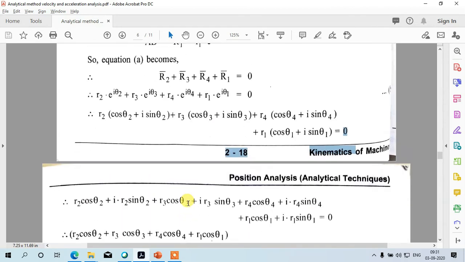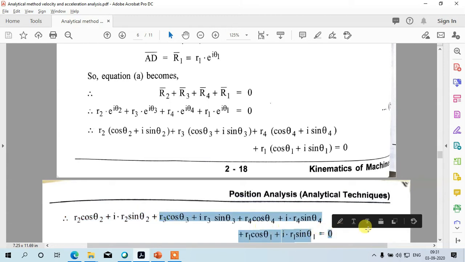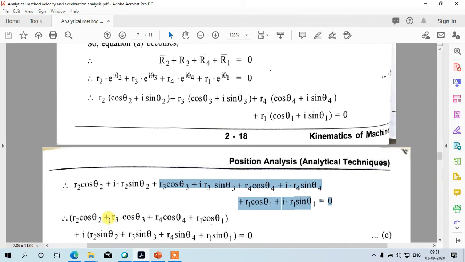So if we multiply this R into bracket, the simplification is in this way. Just the simplification is given. Now after doing this, separate the real and imaginary parts. Real parts means the terms in which I is not multiplied.